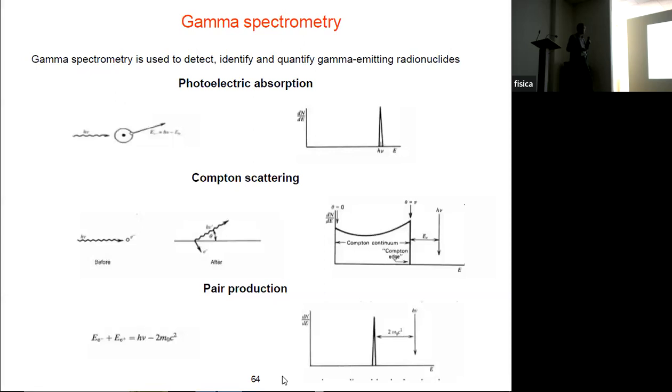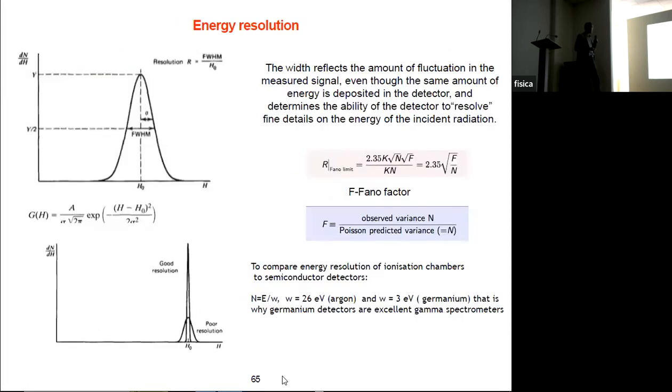For example, this one, you can see that this peak should be a delta function, a discrete monoenergetic peak. But in reality, we get something like this or something like this. I explained it in my previous lecture, but I'd like to remind you again about this thing, which is called energy resolution.